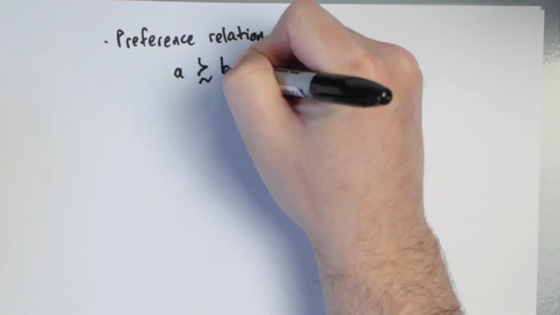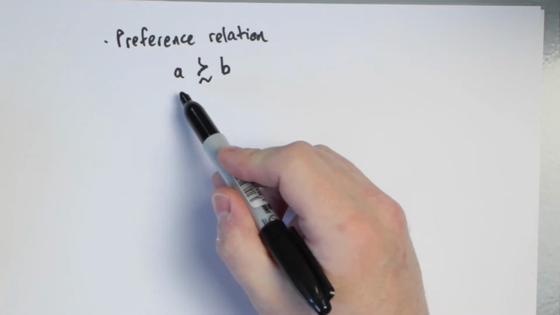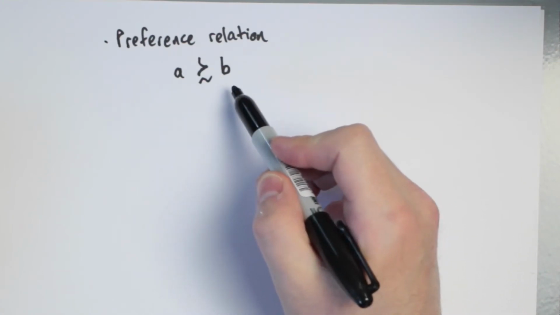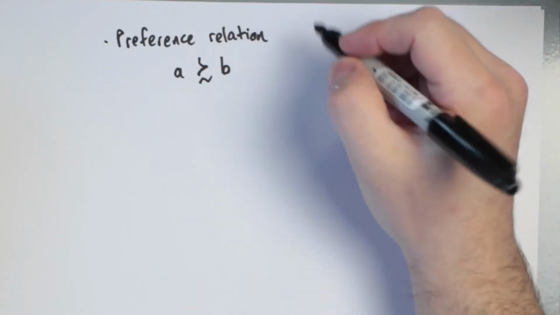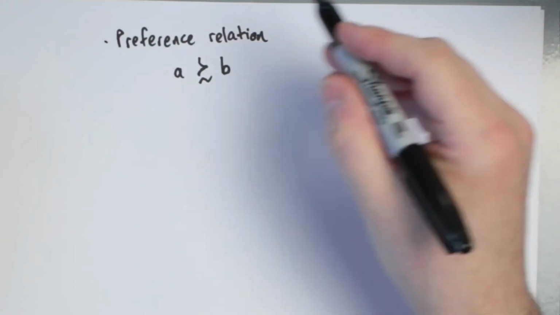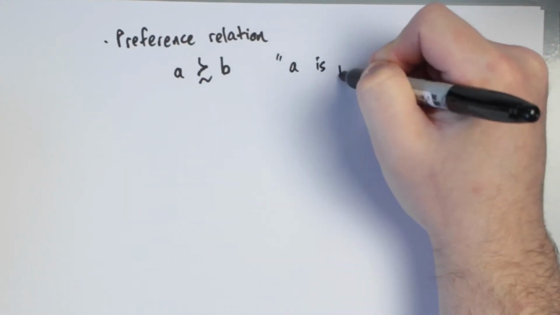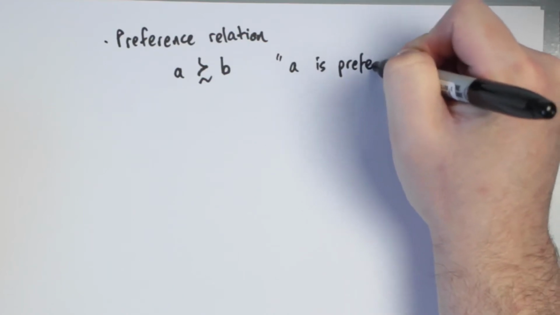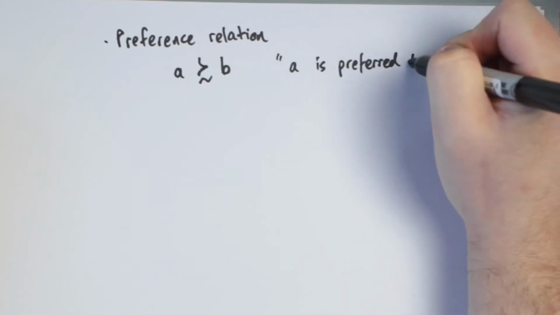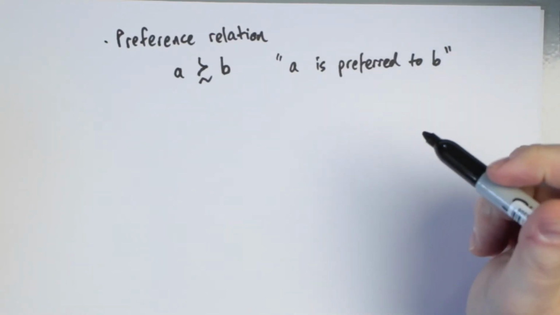And we will read this as the bundle A is preferred to the bundle B. Sometimes it's weakly because of this. We'll talk about that in a second. So this means A is preferred to B, where A and B are bundles of goods.